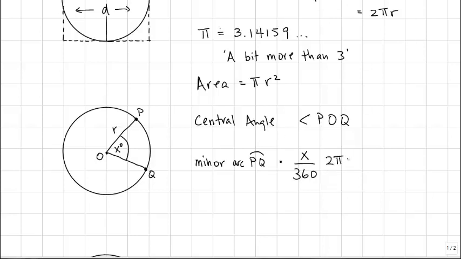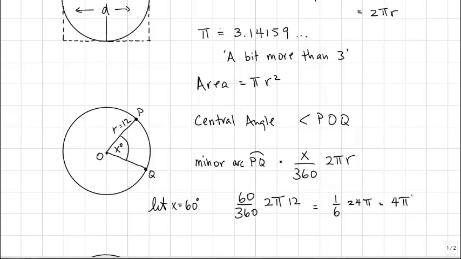So it's that fraction times 2 pi r. So if we let x equal 60 degrees, for instance, then we're dealing with a fraction of the circle, 60 over 360, which is 1/6. And let's say the radius is 12. It's going to be that fraction times 2 times pi times 12. So that's 1/6 times 24 pi, which is going to be 4 pi.